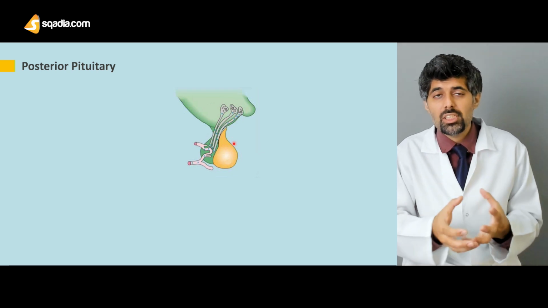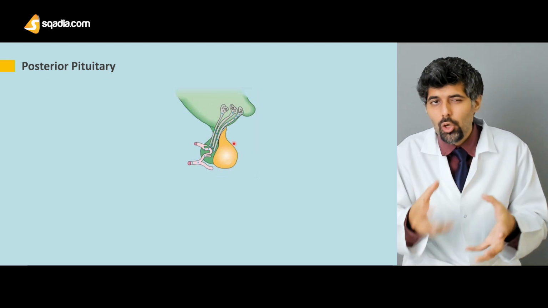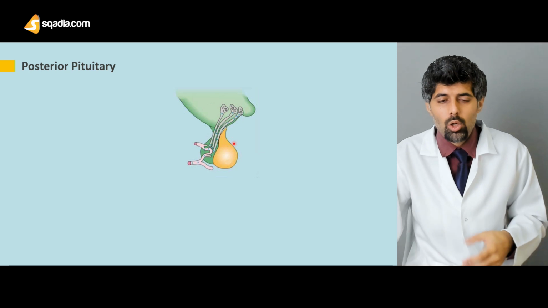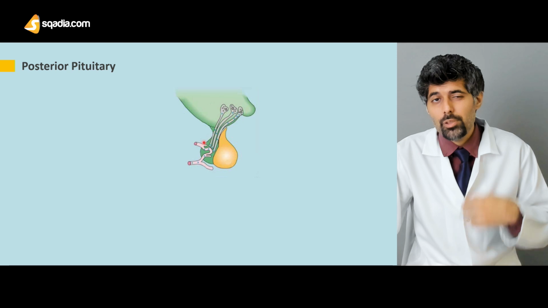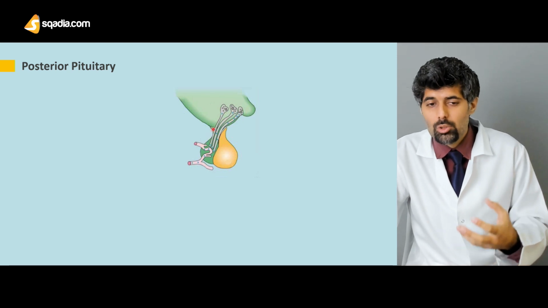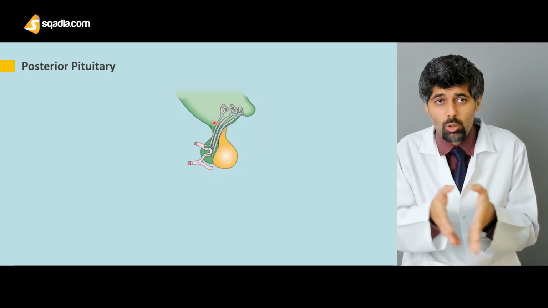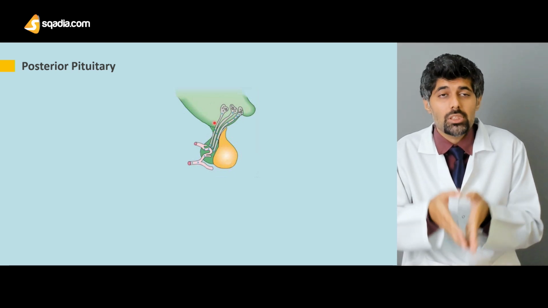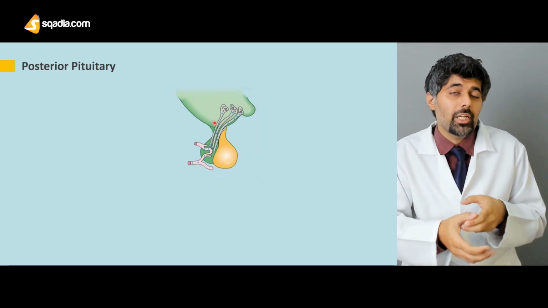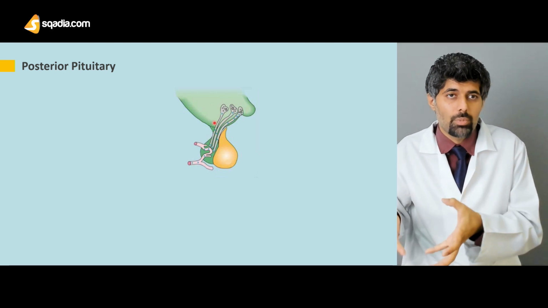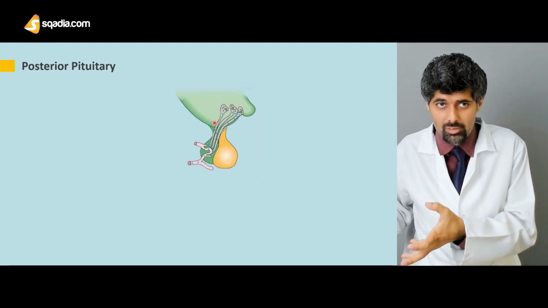That's why all the cells which compose the anterior pituitary are epithelioid in nature, while all the cells present in the posterior pituitary are of neuronal origin because they are formed from the outpouching of the hypothalamus into the sella turcica, resulting in a posterior pouch or the posterior lobe of the pituitary gland.